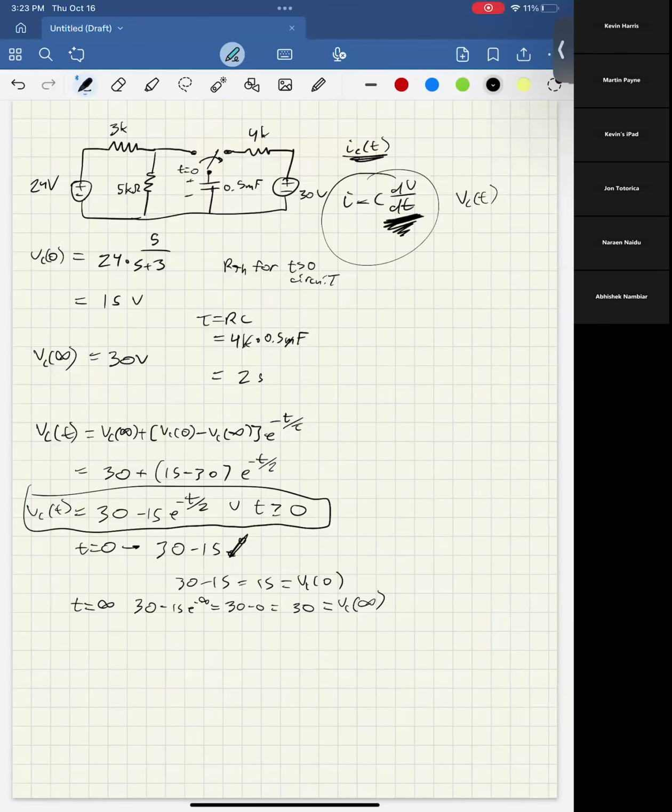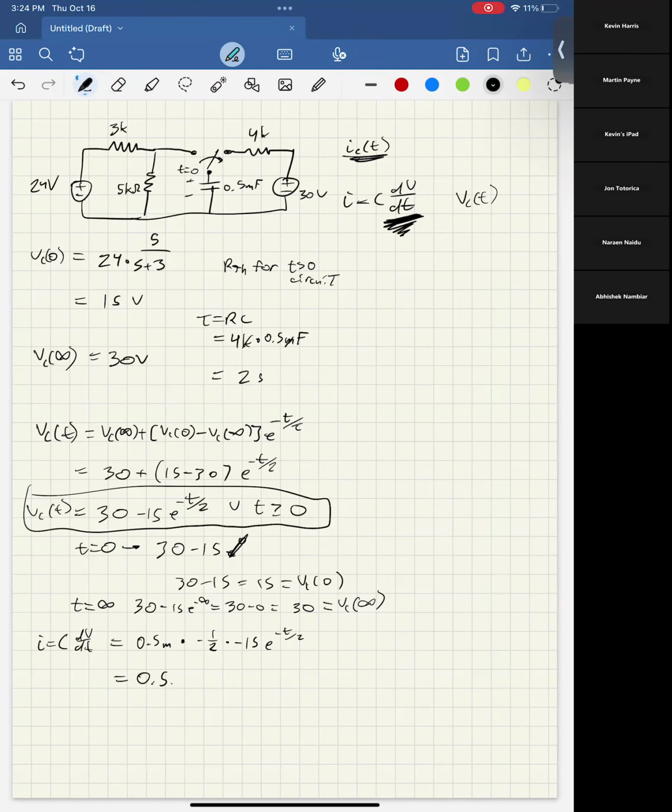But then it's asking for I. So I equals C dV dt, which is 0.5 millifarads times the derivative of what we just had here. So the derivative is going to be, negative 1/2 by the chain rule times negative 15 e to the negative t over 2. Oh wait, and it's not plus here. Whoopsies, it's times.